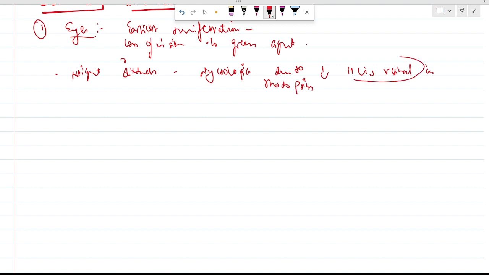You know, this 11-cis retinal in the rhodopsin is very important for vision in the visual cycle and in generation of impulse. So this deficiency, night blindness or nyctalopia, is due to decreased 11-cis retinal.